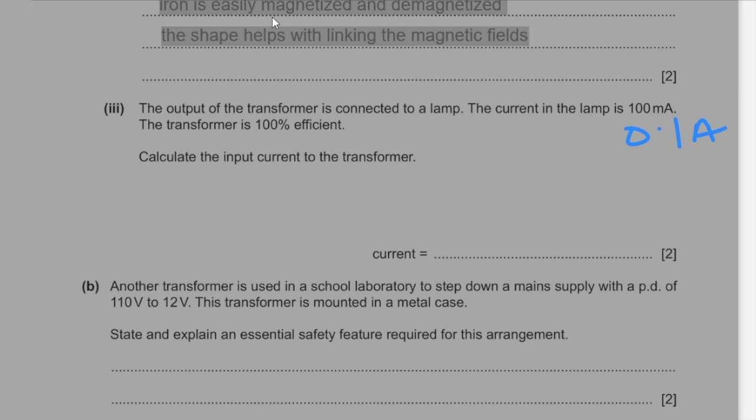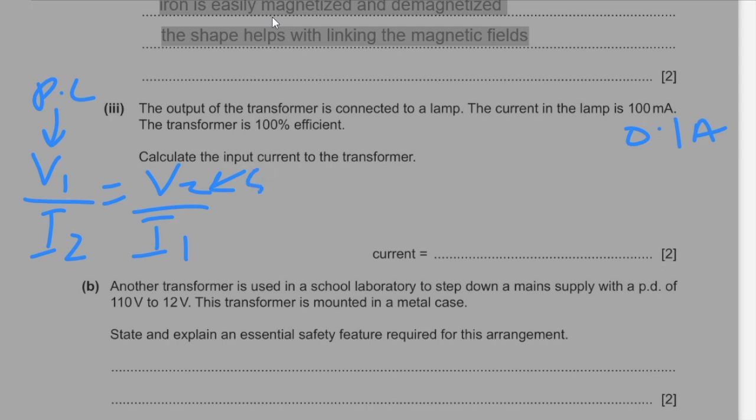So we'll be using the formula V1 over V2 is equal to I2 over I1. So this one is the voltage in primary coil, this one is voltage in secondary coil. Similarly, this is current in primary coil and this is current in secondary coil. Since over here we're supposed to be calculating the input current, which means current in the primary coil, this is going to be equal to voltage in secondary coil multiplied by current in secondary coil divided by voltage in primary coil.